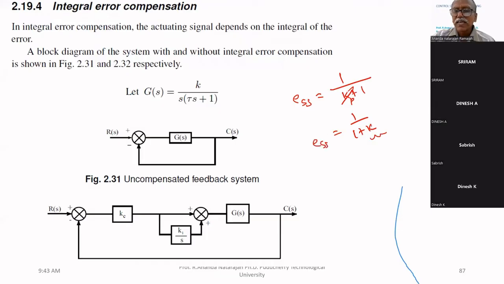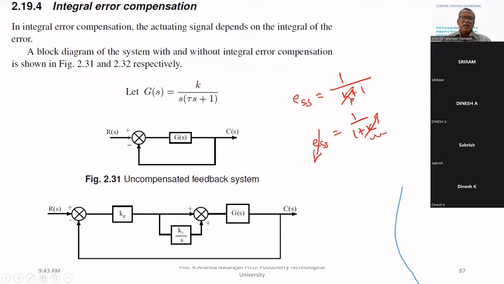If k increases, steady state error will decrease. But the problem is you cannot increase beyond a certain value from third order onwards. That is one drawback. Another drawback: if you make k equal to infinity, then only steady state error is 0, but it is not possible to have an amplifier with infinite gain, even for a first order system.